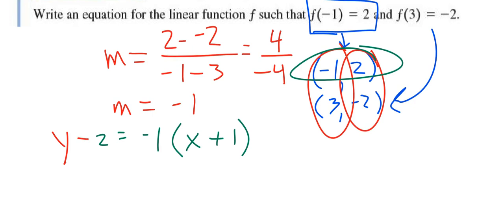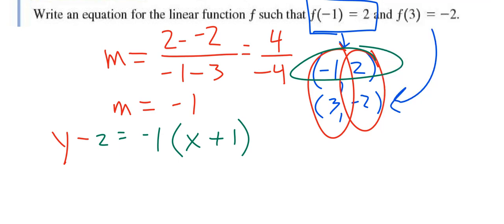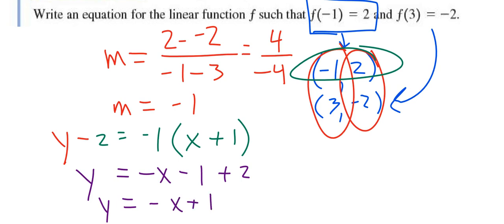Should take you about 10 seconds. And voila, hopefully you ended up with that.